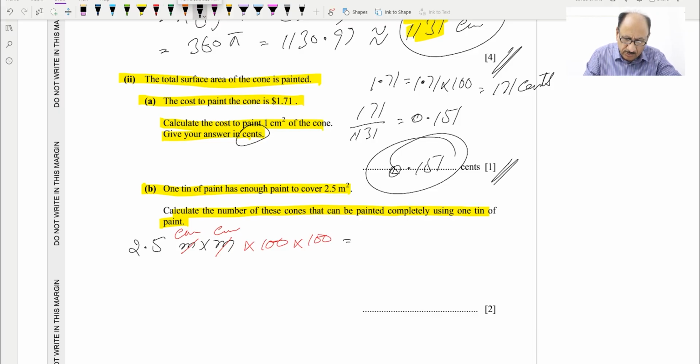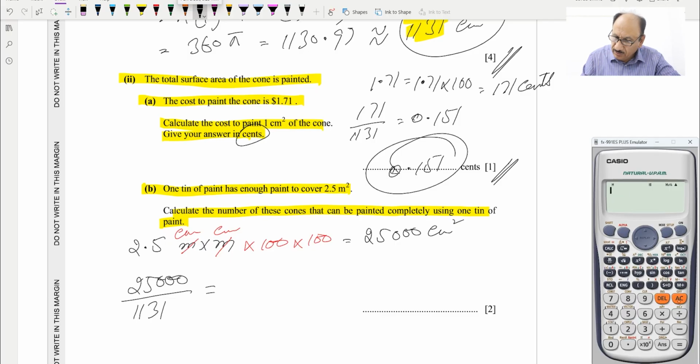This will be equal to 2, 5 and 3 zeros centimeter square. And now 25000 over area for one cone is 1131, which we have already calculated, and this will be divided 25000 divided by 1131, and this will be 22.1.